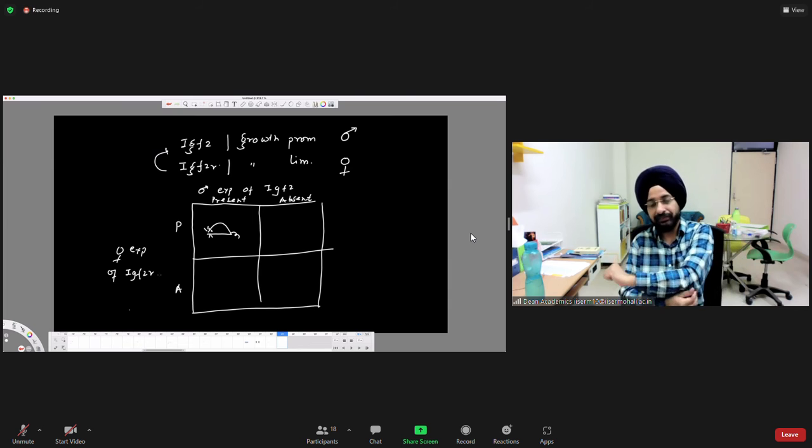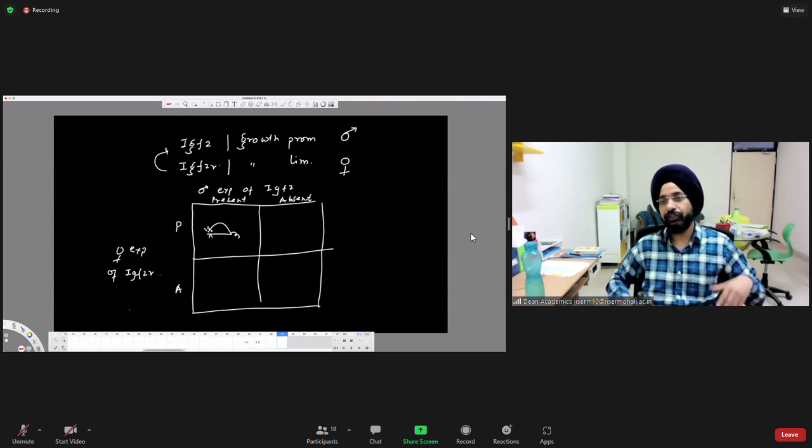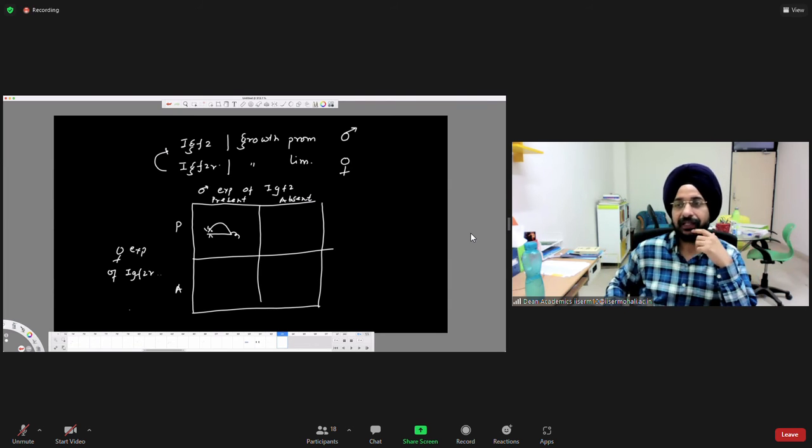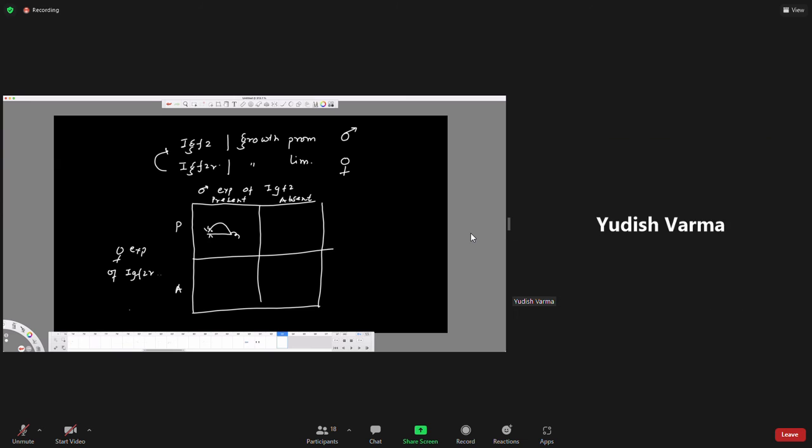What will be the phenotype? Retarded growth. Yes, so we will have a small phenotype. The tail is a bit longer, but anyway.